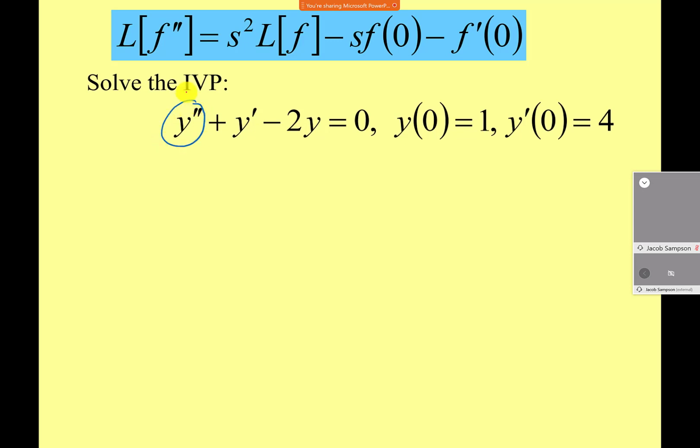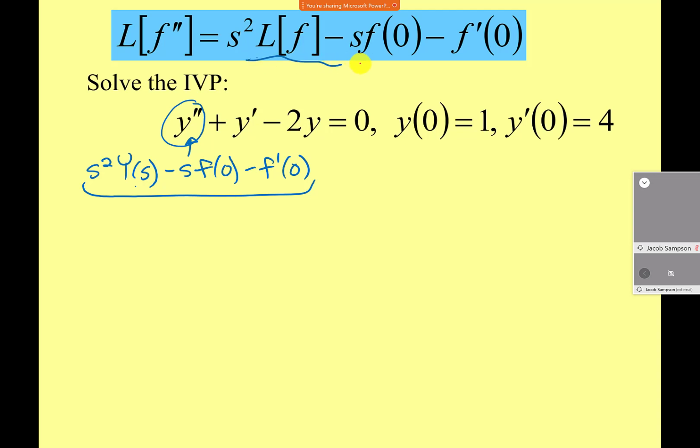So this first one, the second derivative, is going to be s squared. Now I need the function, and so it's going to be capital Y of s, which stands for the Laplace transform of y. And then I have minus s f of 0 minus f prime of 0. So all of that is the Laplace transform of the second derivative, it's just this equation here at the top. Okay, so now I have plus, and I now need the Laplace transform of y prime.